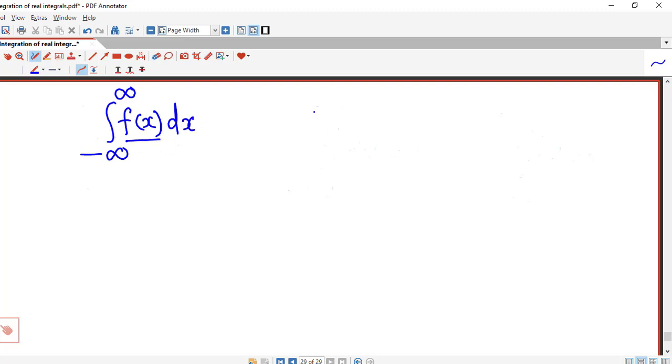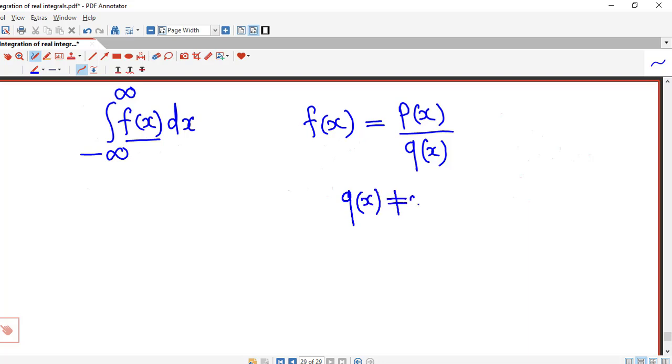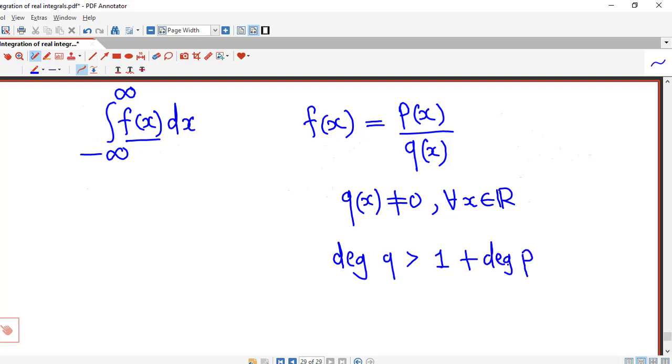Here our function f(x) is a rational function, say a division of two polynomials p(x) over q(x), where the denominator q(x) is non-zero for every x on the real axis, that is, q has no zeros on the real axis, and the degree of q is strictly greater than the degree of p plus 1.